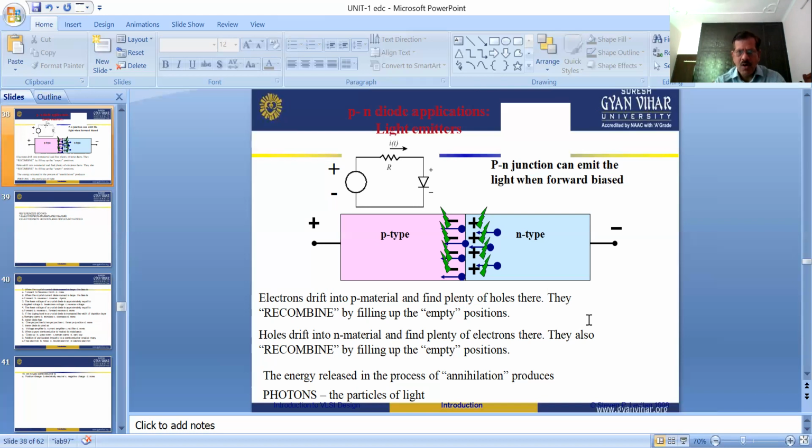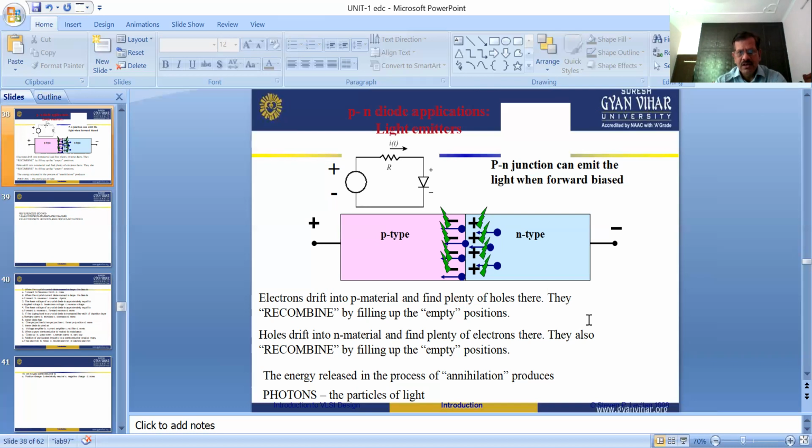Switching means on and off behavior. In the on condition current flows and the diode conducts, while in reverse bias condition the diode is off and there is no flow of current.